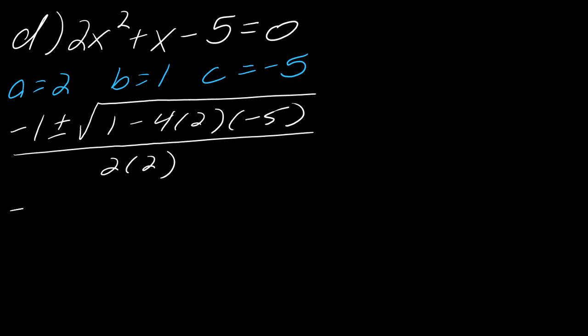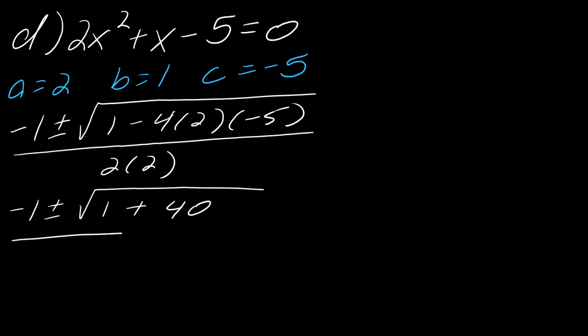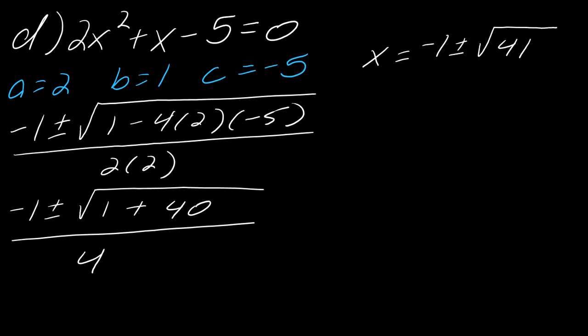Okay, so this is going to be negative 1 plus or minus the square root of 1 plus 40, over 4. And so we're actually reaching the conclusion of our answer very quickly. So x will equal negative 1 plus or minus the square root of 41, over 4.